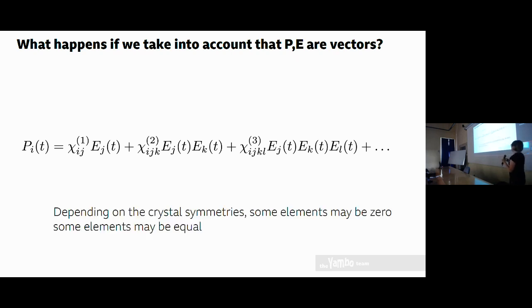And what about this tensor? Of course, the structure depends on the crystal symmetry. Depending on the symmetry, many of those elements may be zero. The matrix may be symmetric, or some elements may be equal.